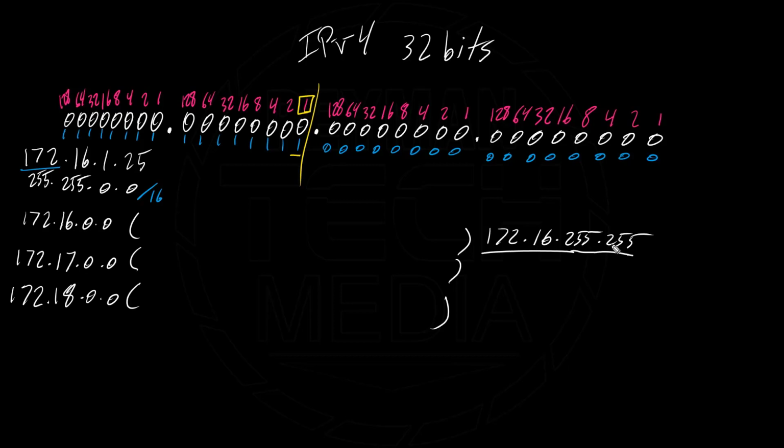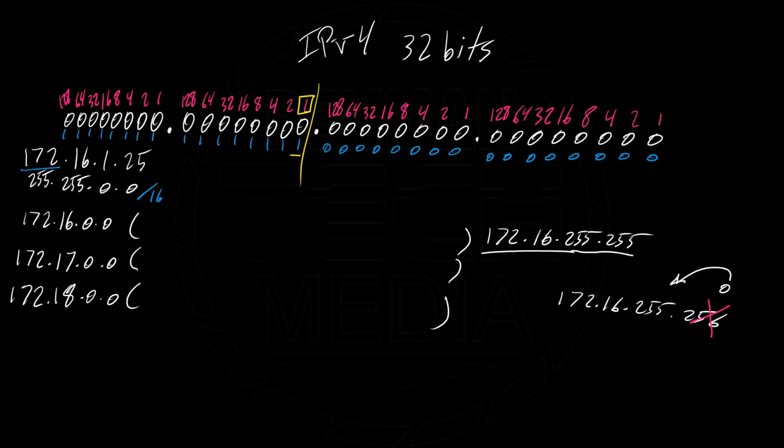So this IP address, which is the broadcast address, if we add one IP address to this, it would be 172.16.255.256, which again, we don't have 256 in an octet, correct? So this is not correct. And therefore what happens, it basically turns to 0 and adds to the octet to the left.